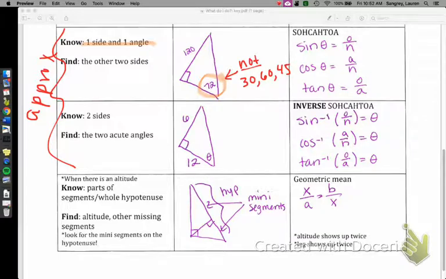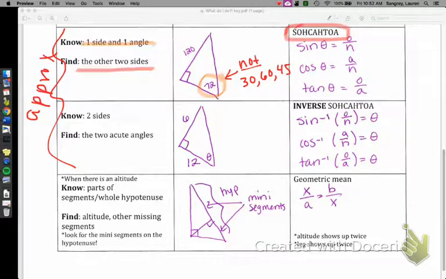If the angle is 30, 60, or 45, then you need to use those special right triangle rules. So what you're noticing here is you know an angle that's different than 30, 60, or 45, and we have one side. And I'm asking you to find the other two sides. That is when we use SOHCAHTOA.